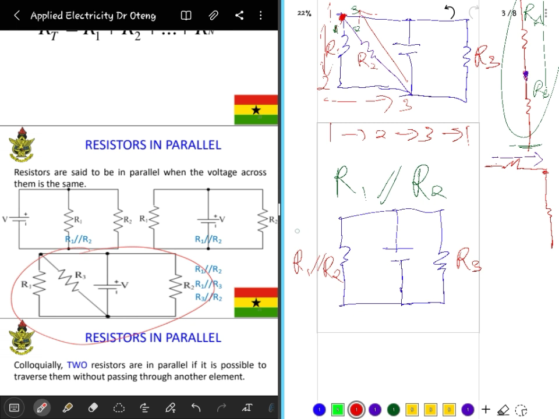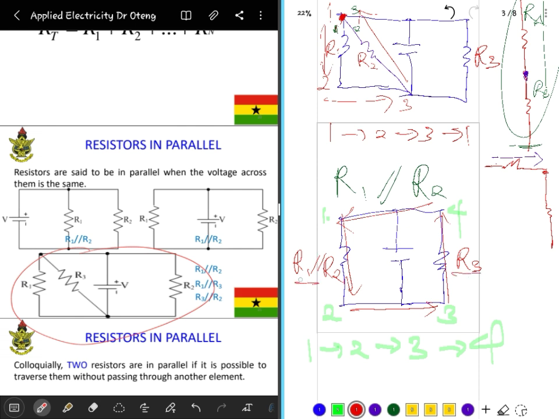So we know that this R1, R2, which is considered as one resistance, is parallel to R3. Because this is 1, 2, 3, 4: I move from 1 to 2, 2 to 3, 3 to 4, and back to 1, and I don't move through any other elements aside from these two resistors.